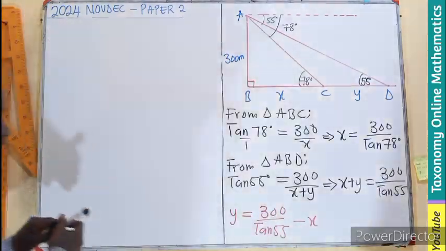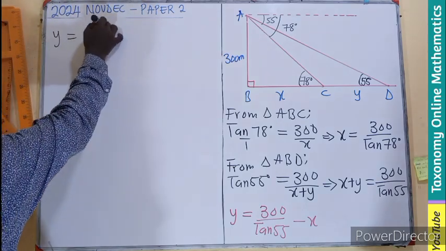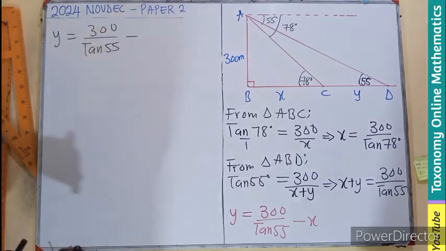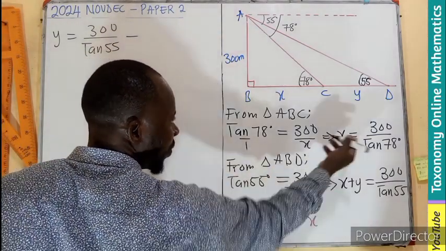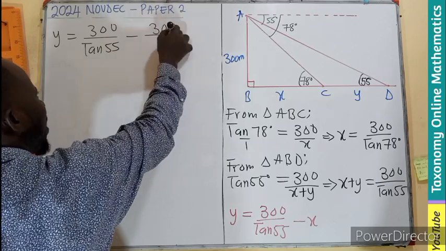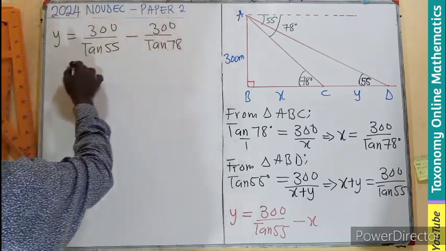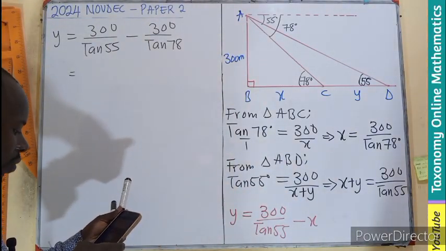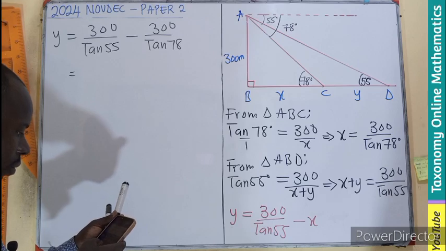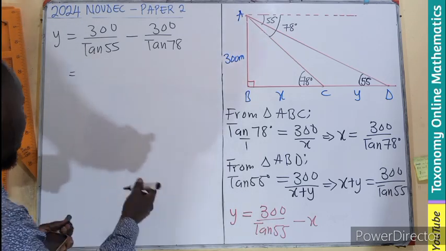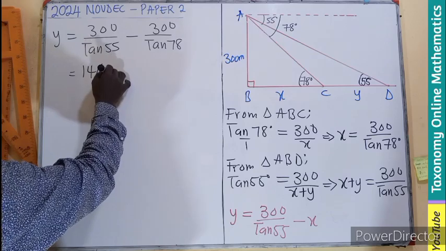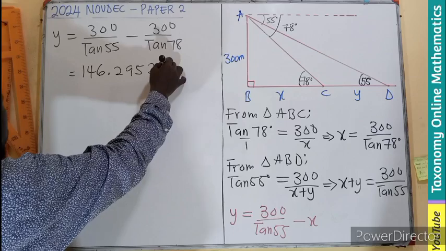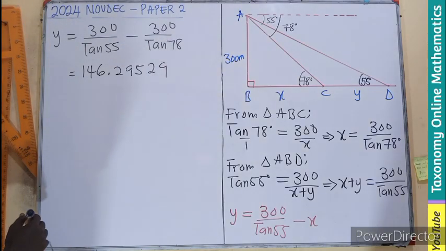From here, y equals 300 divided by tan 55 minus 300 divided by tan 78. We are going to put all in the calculator to see what value that will give us. Putting all in the calculator, we should have 146.29529. But we are looking for 2 decimal places.